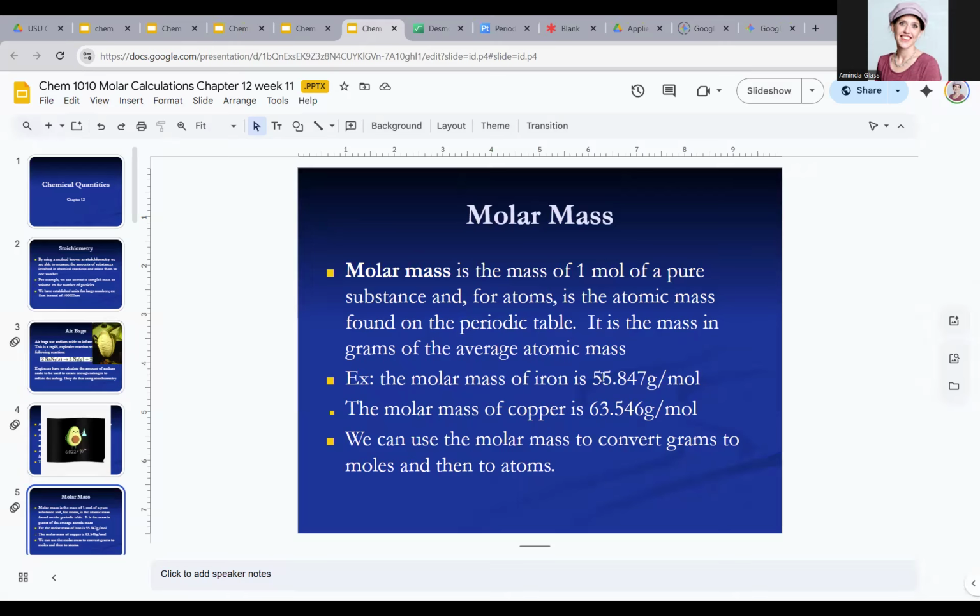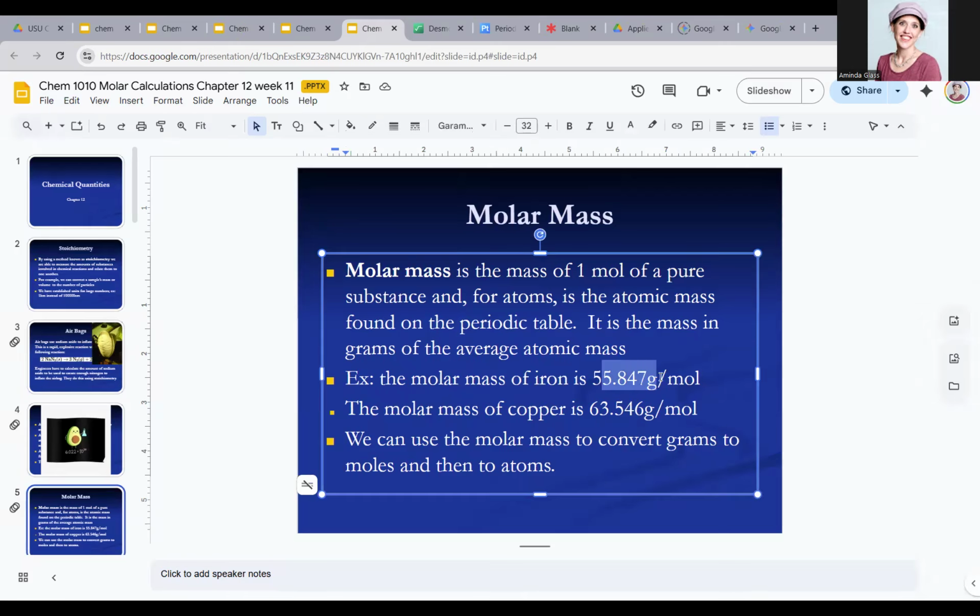The molar mass of iron, that's your 55.847 grams in 1 mole. Molar mass of copper, this is just off the periodic table, 63.546 grams per mole.